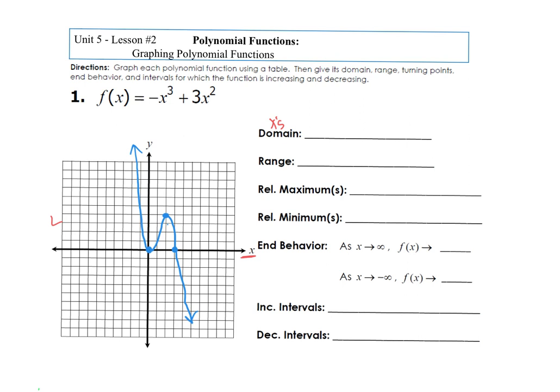We have outwards, left to right spread forever and ever, and we say that is a domain of all real numbers. Now my range is my lowest to my highest. Now notice my lowest, we're going down forever. We are also going up forever. And we have some switching points in between, but that's okay. It's still part of our up and down forever movement. So we have a range of all real numbers.